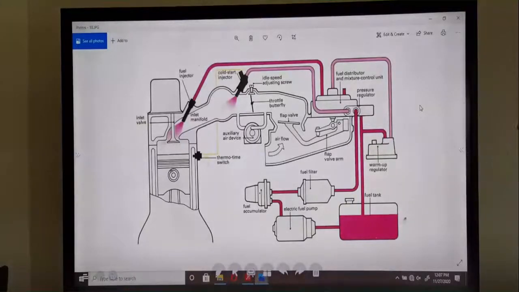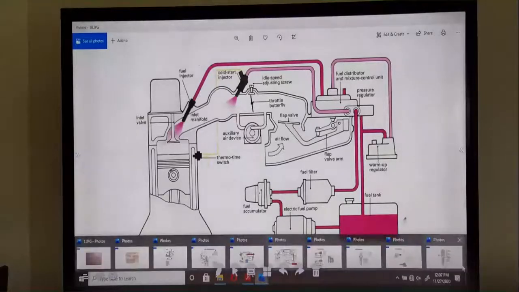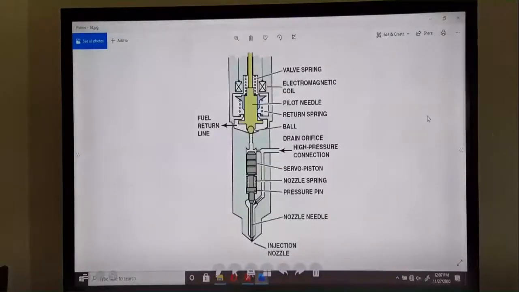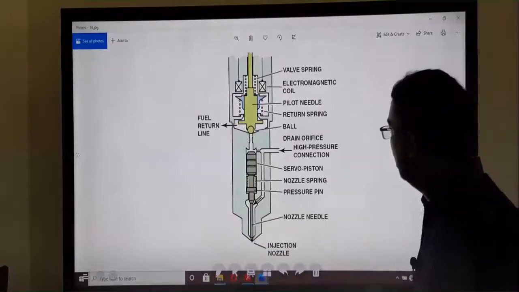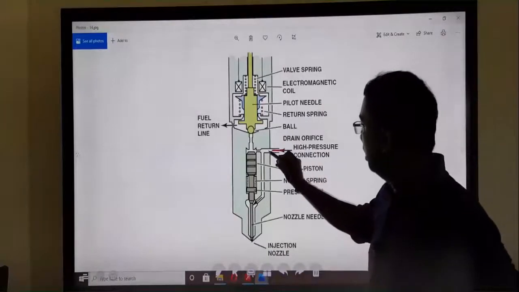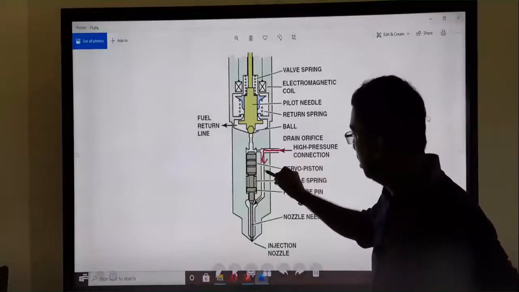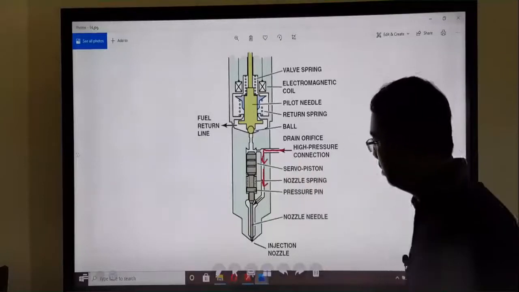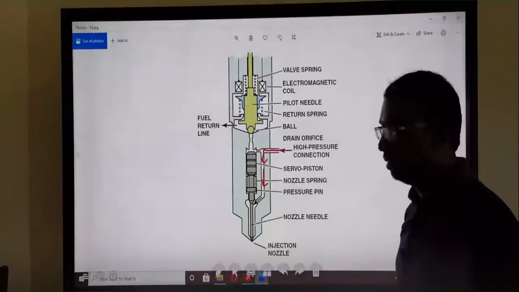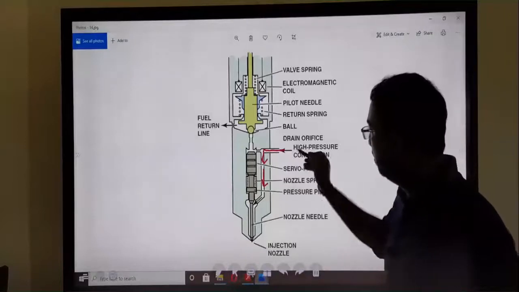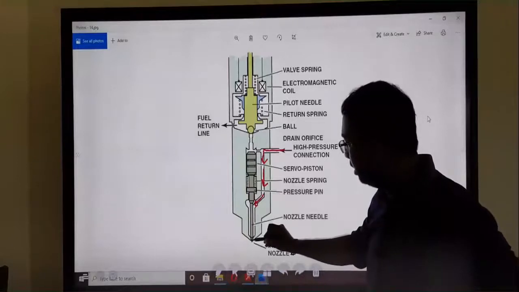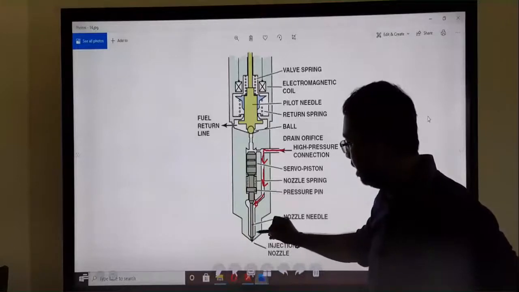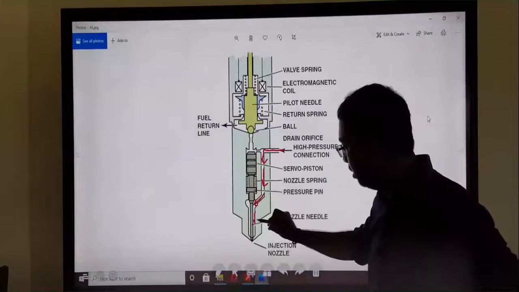Now we study the injectors. This is the cutoff model of the injector, showing how it works. The fuel comes like this. This supply fuel comes like this and arrives here. The nozzle touches this area, so there is no gap.